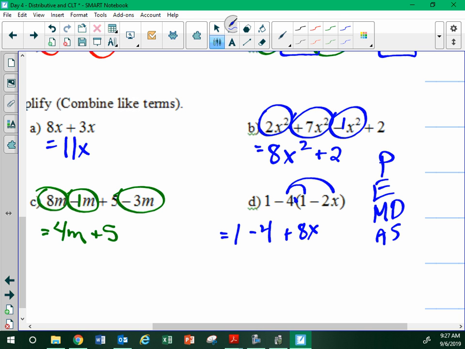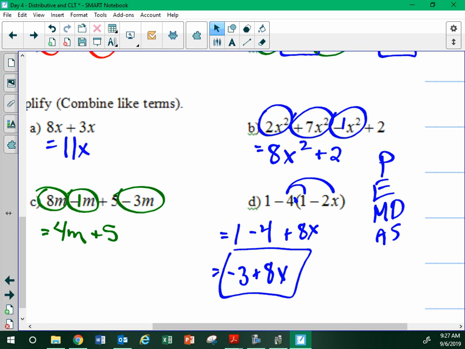Now that we're done with our multiplying and our parentheses, we can combine like terms. 1 minus 4 is negative 3 plus 8x. So just be careful with those things, okay? Any questions with that? All right, we're just going to do a few practice problems for our remaining time.